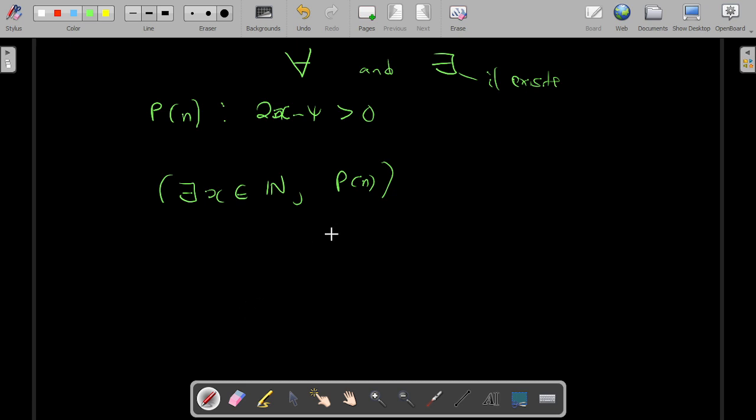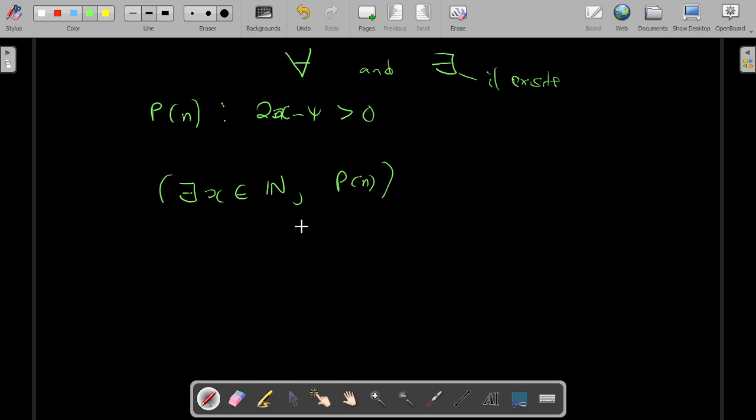Is this true or false? It is true if we can find at least one element in the set of natural numbers that satisfies the property 2x minus 4 greater than 0. If we can find at least one, then this is going to be true.